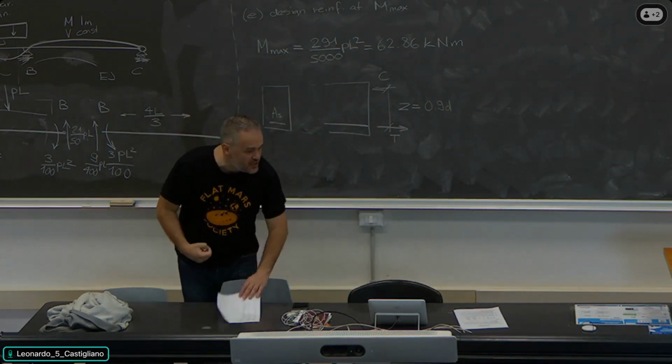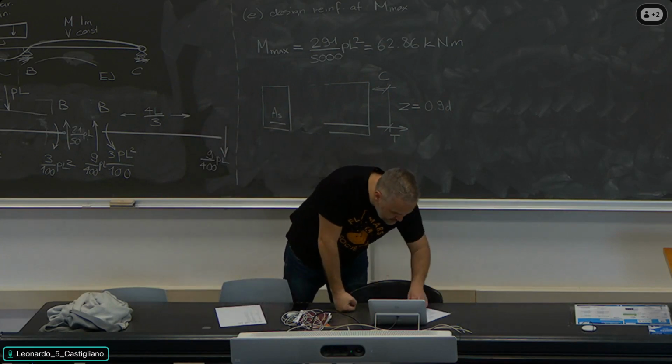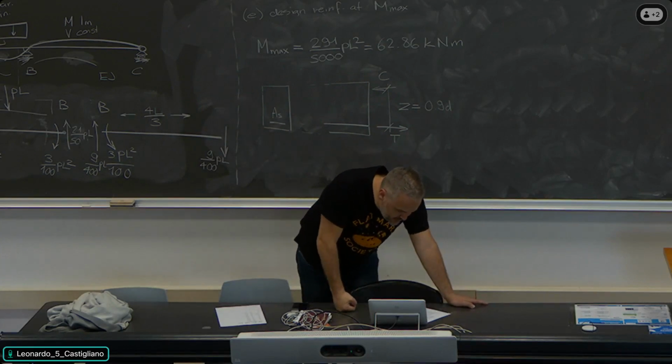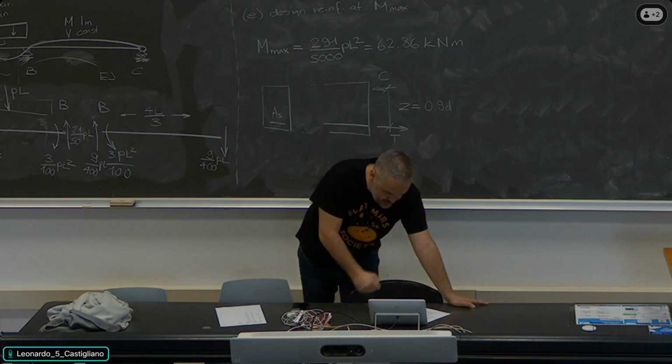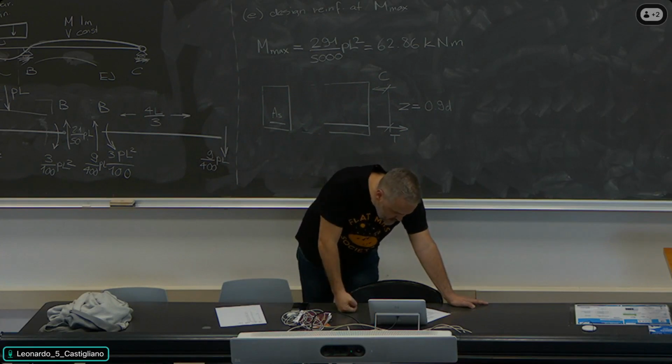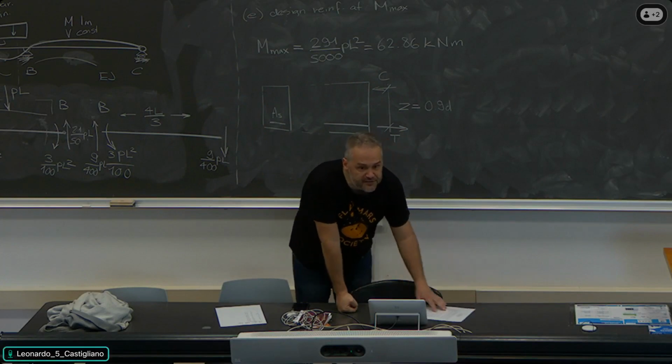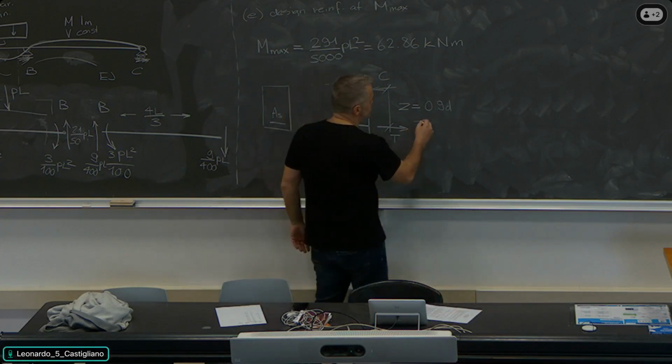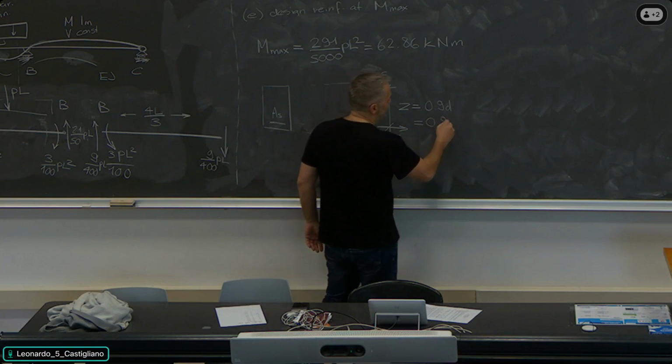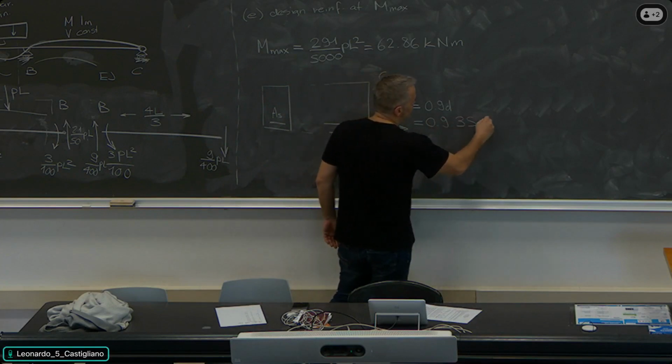D was given in the section where the bending moment is positive and the reinforcement is at the bottom: D is equal to 35 centimeters. So this is 0.9 times 35 centimeters.